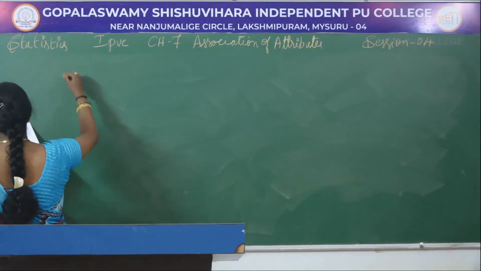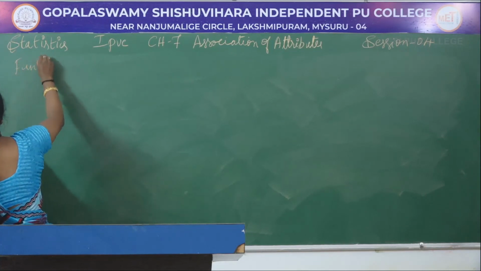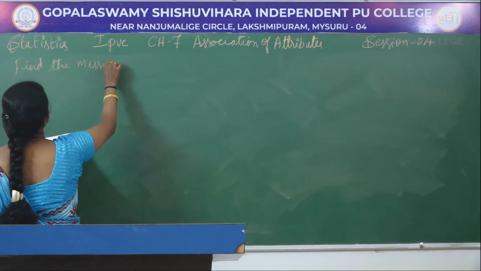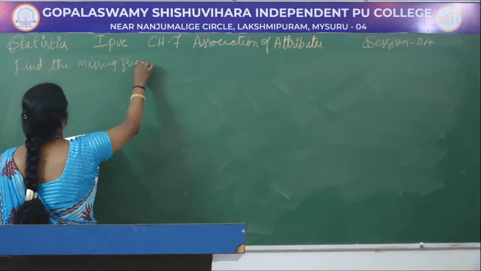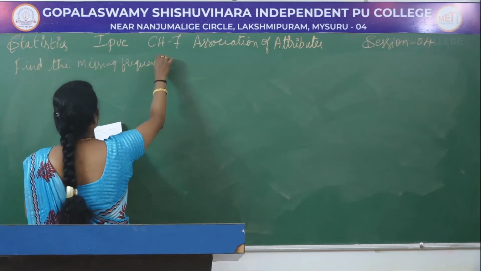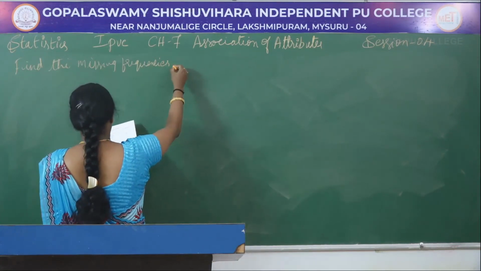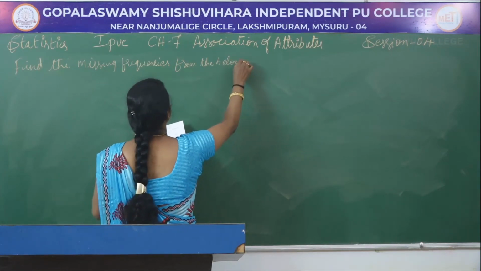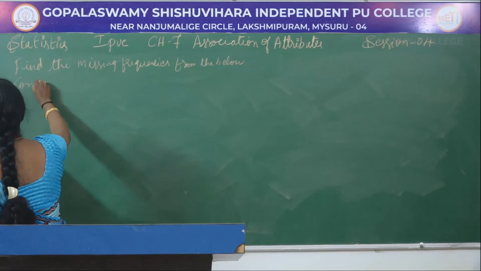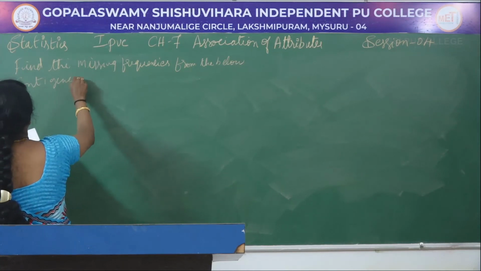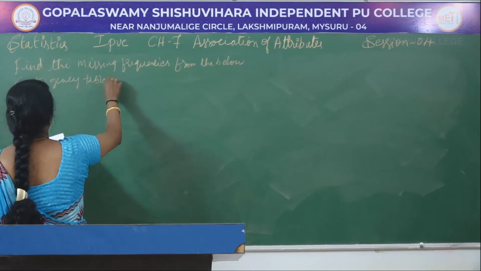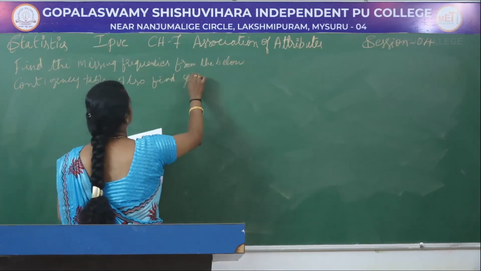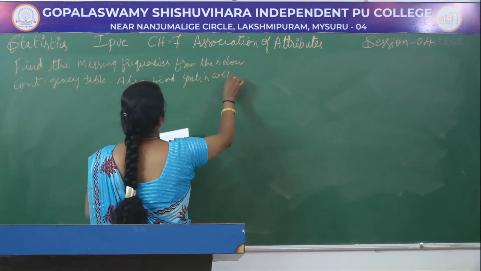Find the missing frequencies from the below contingency table. Also find Yule's coefficient.